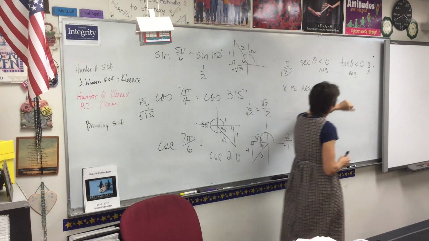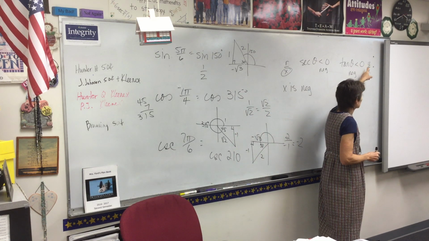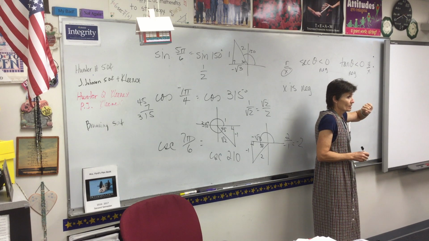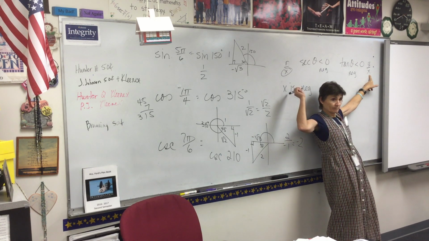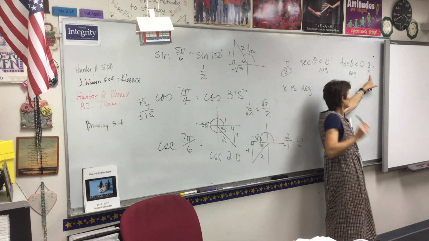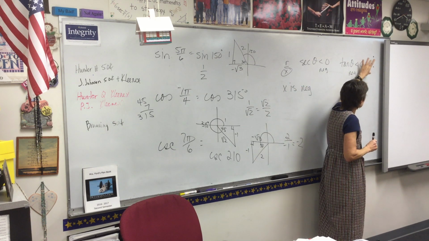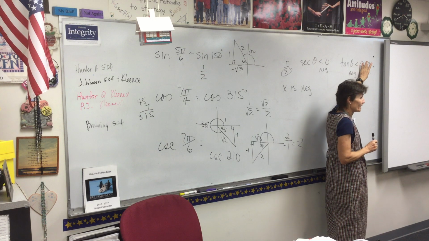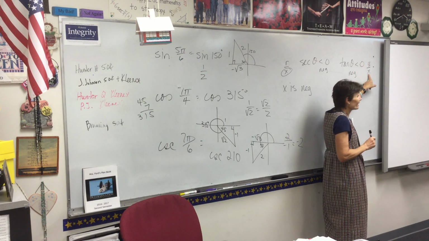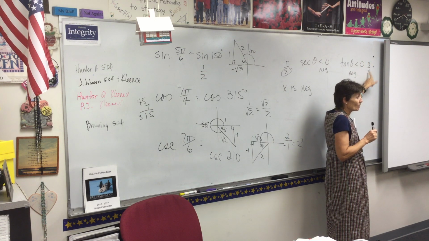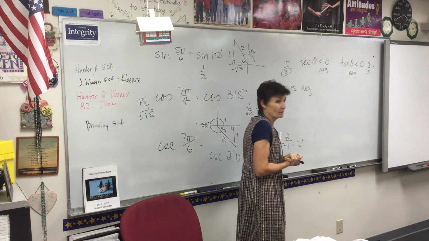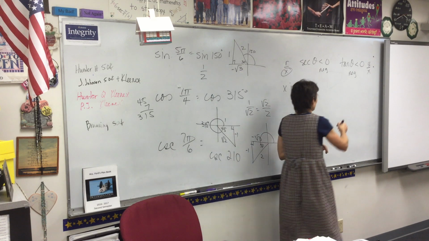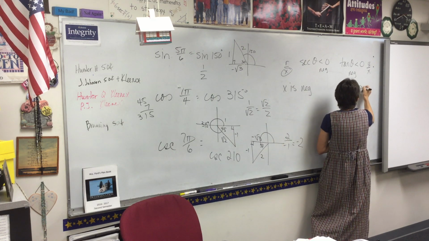All right, now, come over here. Tangent is y over x. You have already told me that x is negative. Tell me about y then. If this fraction has to be negative, but x is already negative, what about y? It's positive, right? So now you've told me that y is positive.